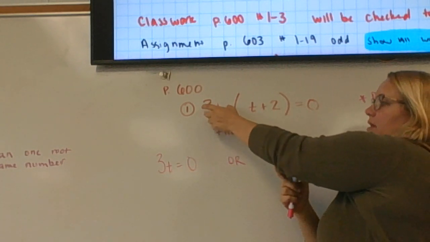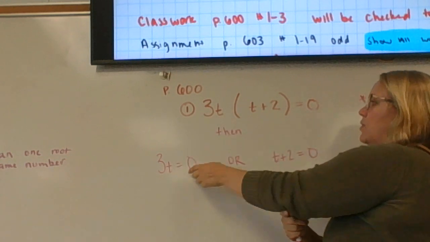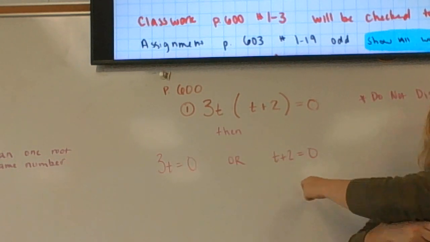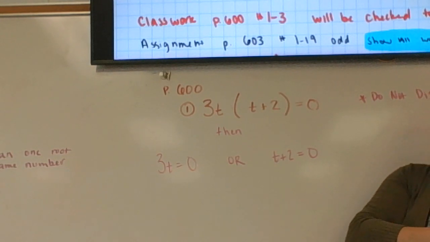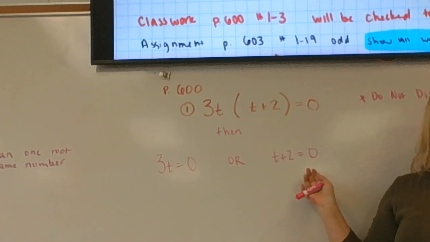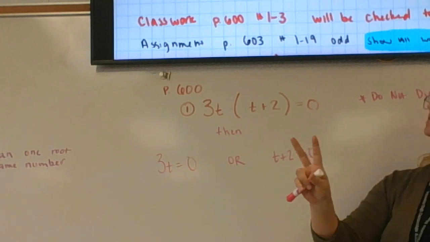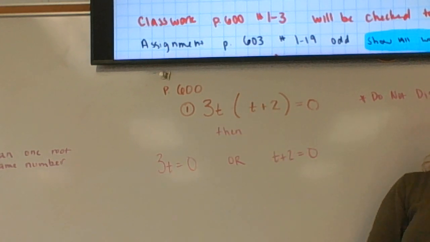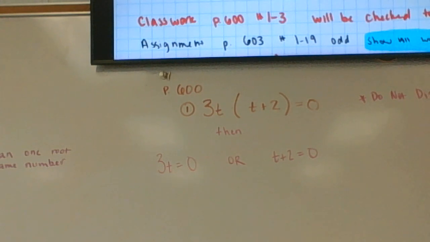So that means either this part is 0 or maybe this part is 0. So we're going to solve both of these, and it's going to give us two answers that would make a 0 here. Sorry, this is multiplication. Yes, but if it was y times x equals 0, then I would say either y is 0 or x is 0, or maybe they're both 0.